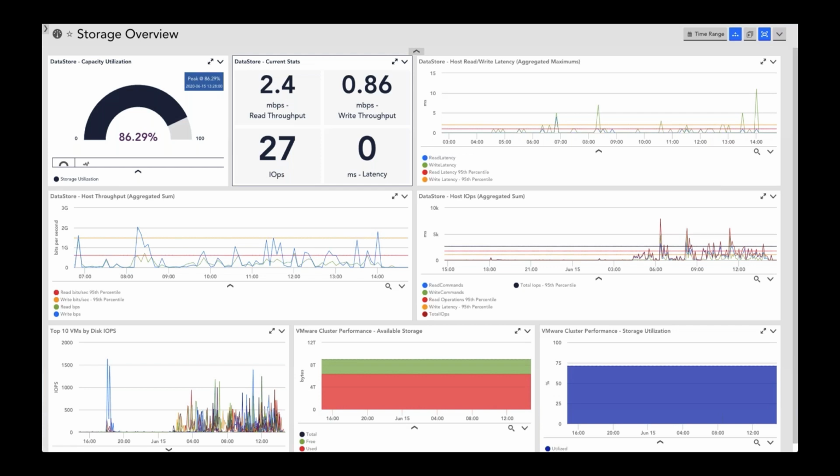So it's important to understand the health of that storage infrastructure and also how well it's performing over time. As you can see, we've got a widget on here that looks at consumption by VM in the form of disk IOPS. You can see the classic view of capacity. In this case, we're using 86% of the capacity that's presented to our environment.